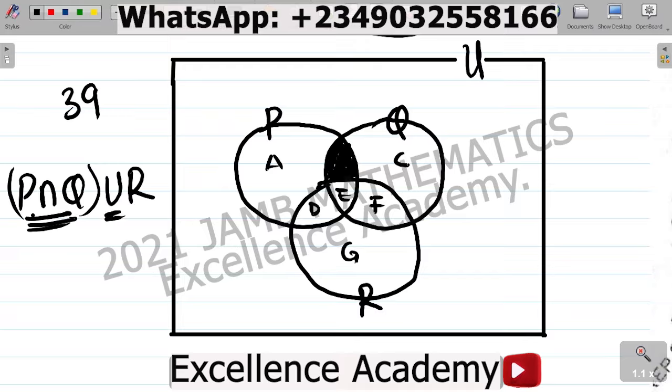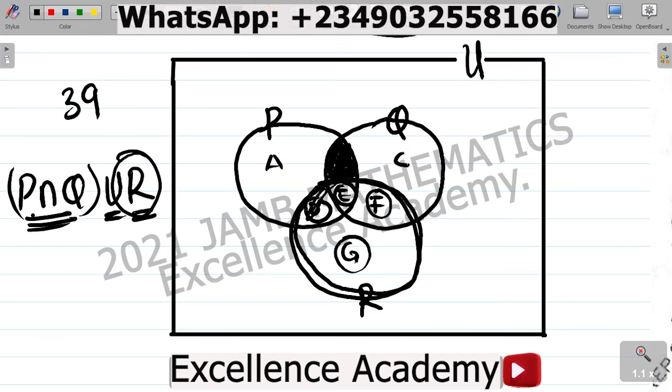They said union R. When you say union, they mean combine it with R. So combine this with everything that R covers. R covers G, F, E, and D. You can see the circle there covers each of these, right? So I'm going to shade all of this too. Let's shade this very quickly and see what we get.